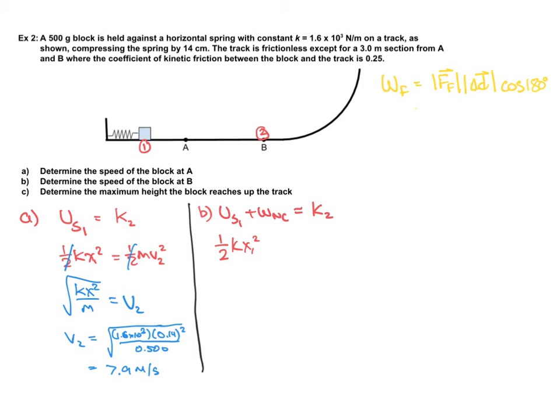So this will simplify to negative mu times normal times displacement. And in this situation, the normal force is m times g. It's balanced out with gravity. So that's the expression I'm going to be putting into these steps here.